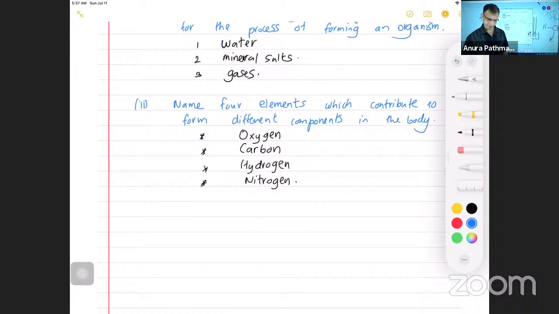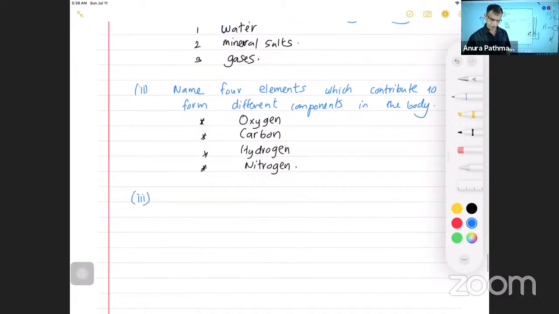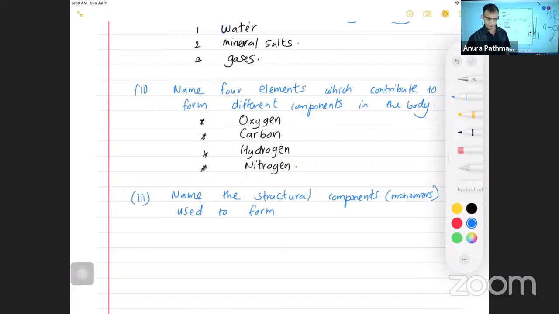And the third question. Name the structural components, within brackets monomers, used to form four main biomolecules.